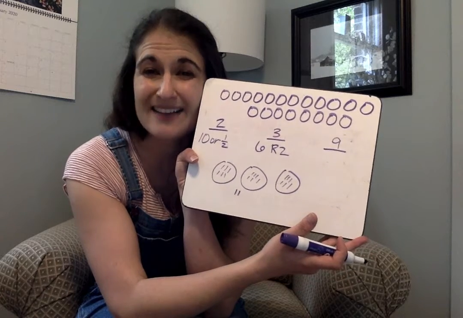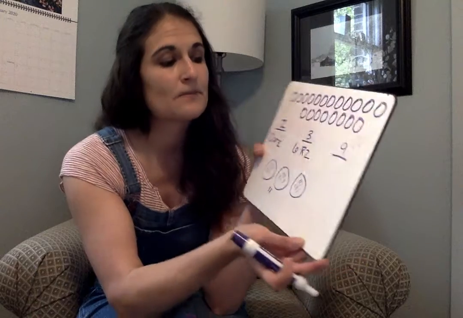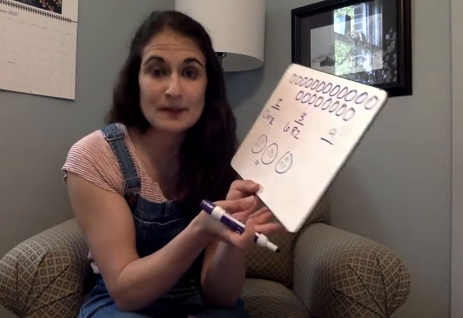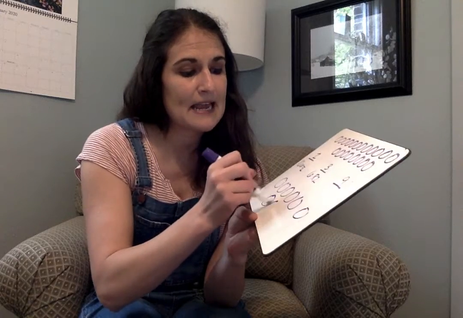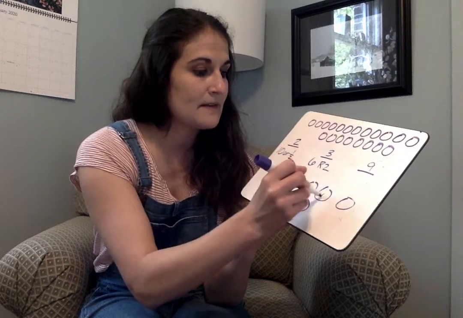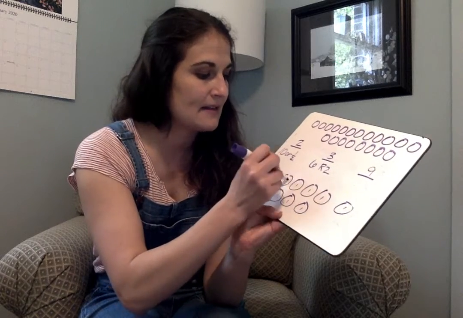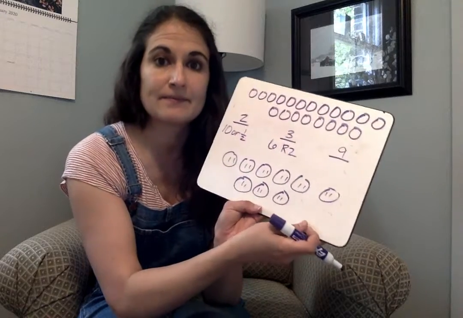Now what about 9? Do you think there's going to be a remainder? Let's see. For 9 people, I would need to draw 9 circles. 1, 2, 3, 4, 5, 6, 7, 8, 9. And then I'm going to distribute my 20. 1, 2, 3, 4, 5, 6, 7, 8, 9, 10, 11, 12, 13, 14, 15, 16, 17, 18.